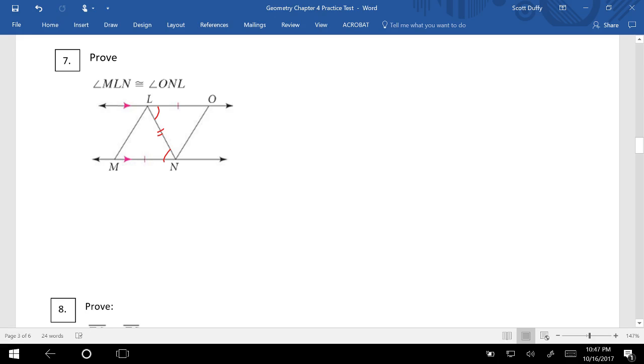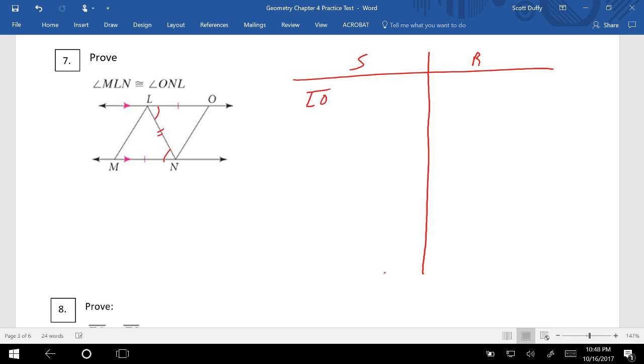So, statement, reason. I'm going to say, first of all, that LO is parallel to MN, and that's given. So the first thing I said, because of those being parallel, I said we have to look for alternate interior angles.